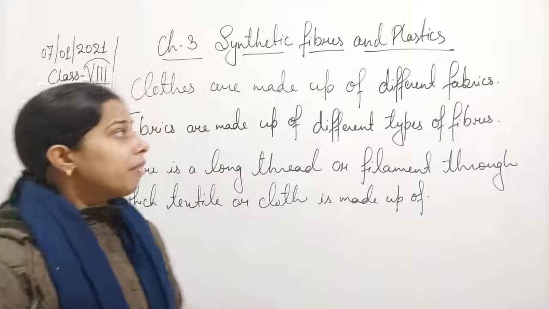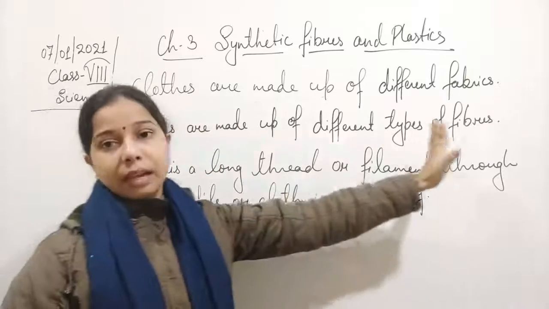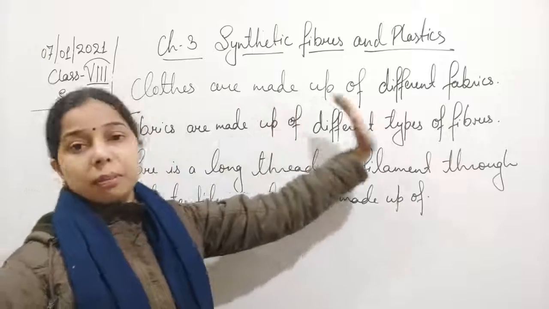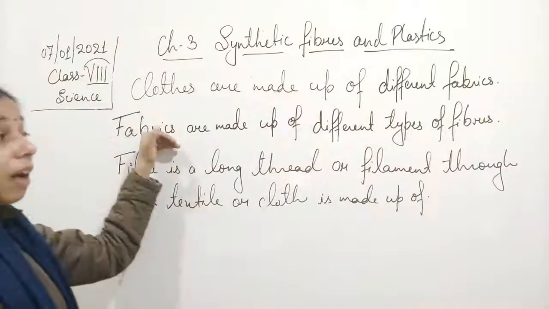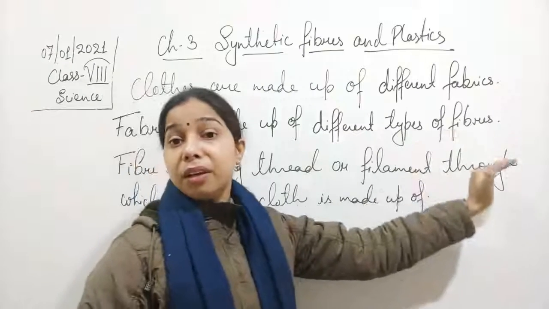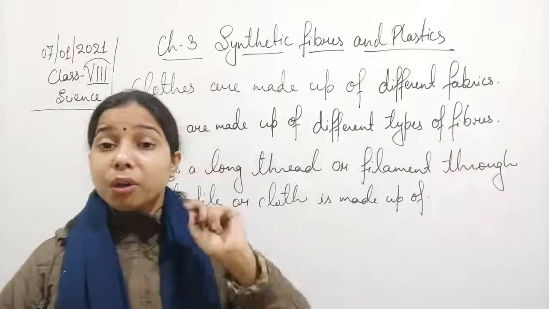Okay, so clothes are made up of different kinds of fabrics. Now these fabrics are actually made up of different types of fibers. Now what is a fiber?